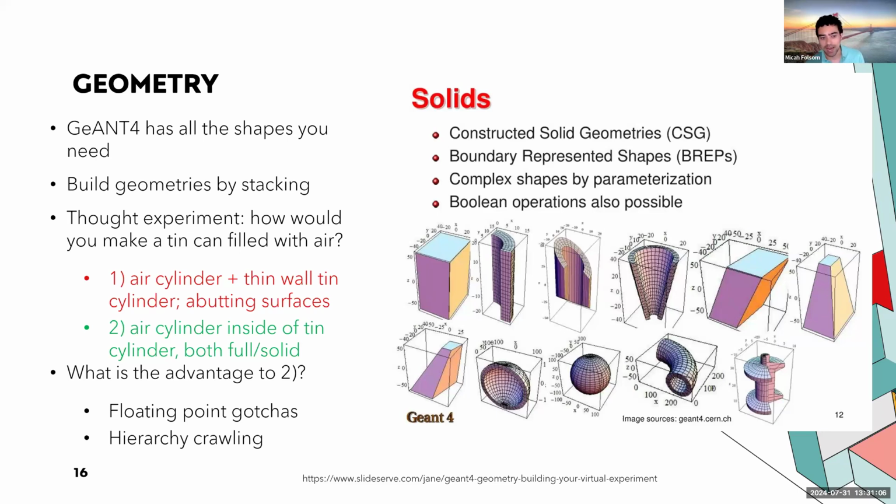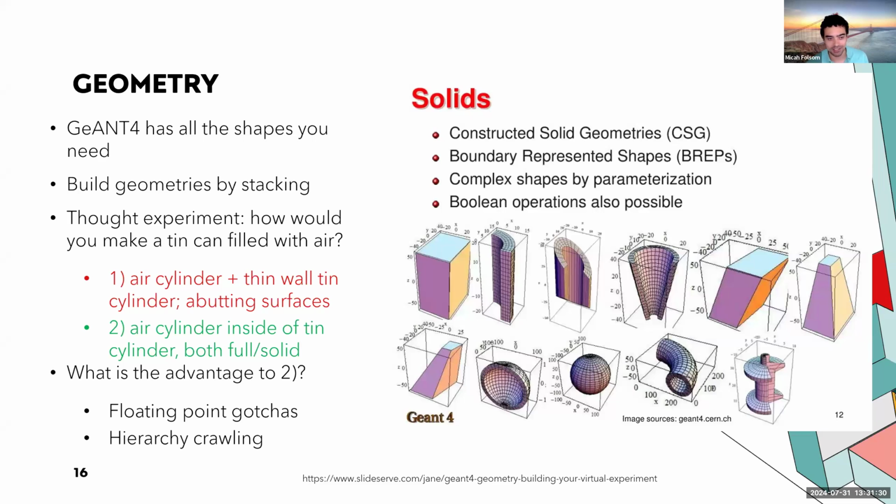If I've done some math to create the numbers that are determining the inner and outer diameter for the cylinders, I might run into a floating point thing, and now I've created an infinitesimally small gap between the surfaces, right? When you nest them, no problem. I define a fully solid tin cylinder, and then I put a fully solid air cylinder inside of it.